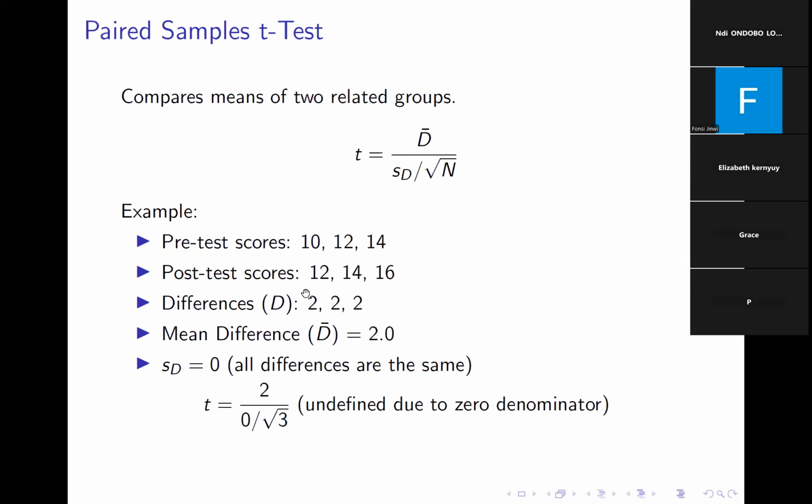I was here, yes. In that case, you would have a value which is undefined because of the division by 0. So in the case where the variance is 0 between the pairs, or the variance is constant, sorry, between the pairs, you would have this situation.